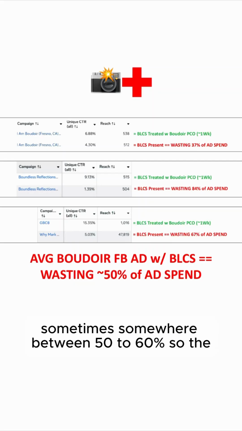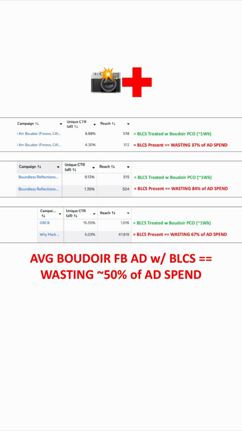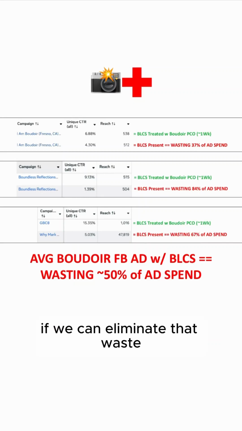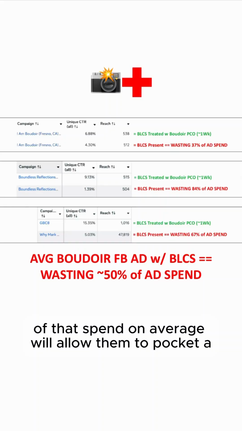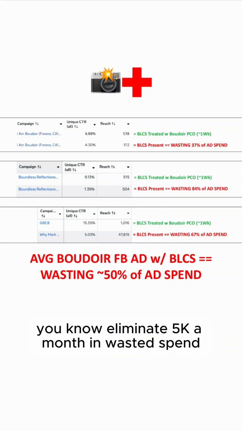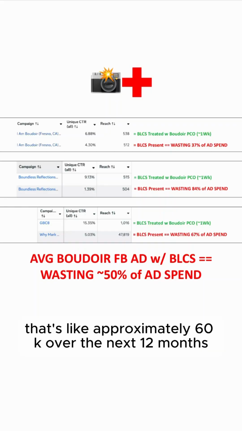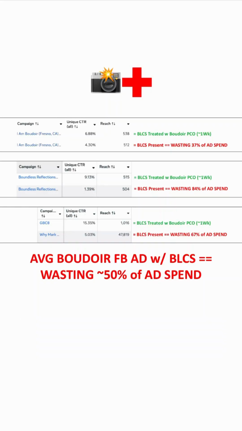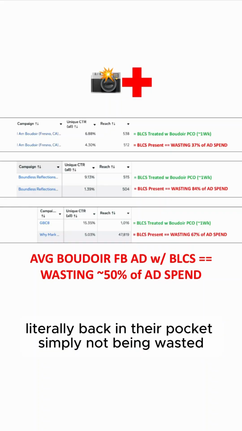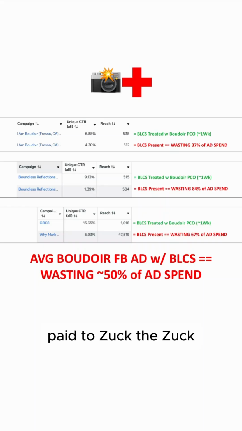If they're spending 10 grand a month on Boudoir Facebook ads, and we can eliminate that wasted ad spend, on average we'll allow them to pocket 5K a month, approximately 60K over the next 12 months. Literally back in their pocket, simply not being wasted, paid to Zuck. The Zuck.